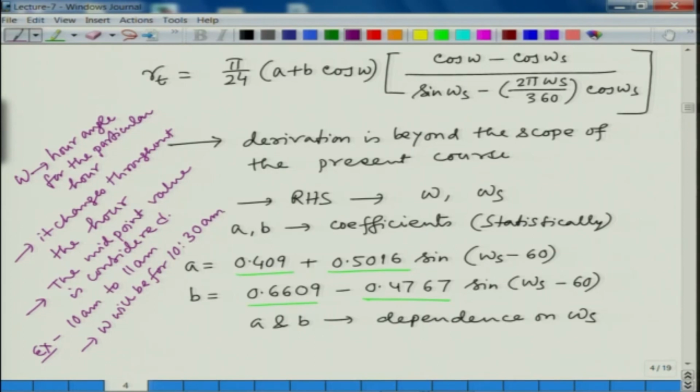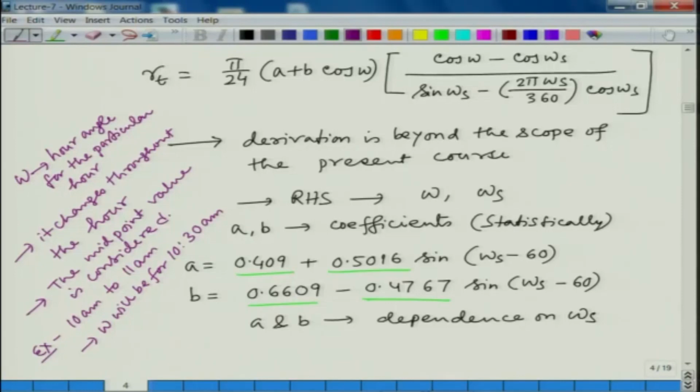That is a single value that you can take, which will represent the whole hour between 10 am and 11 am. Okay. So, that is how we get the relationship between I and H.